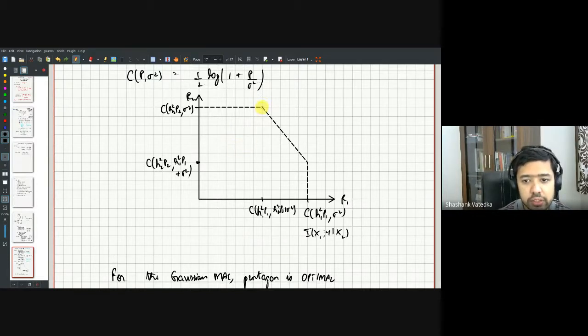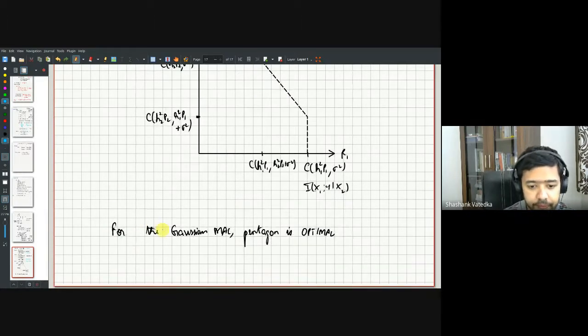And this, as we know, is achievable using successive cancellation decoding and time sharing.